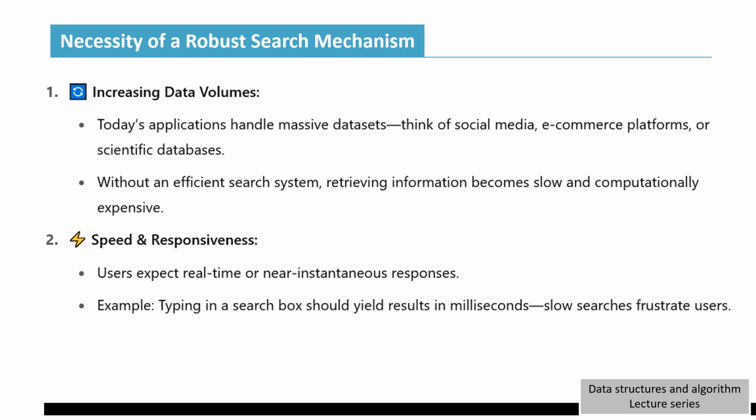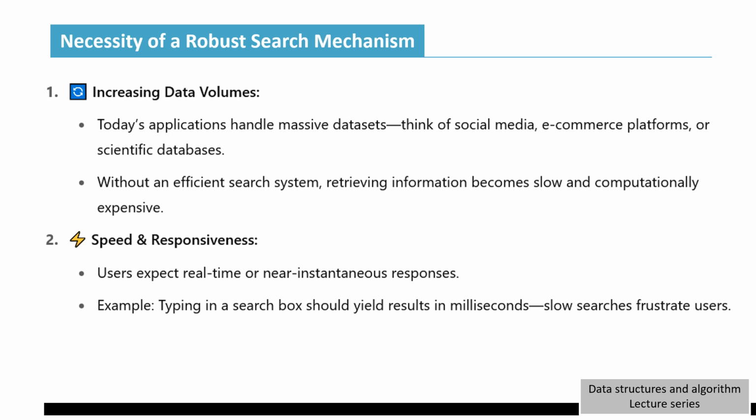In large scale systems like e-commerce or databases, searching efficiently can significantly reduce computational time, and it reduces the frustration level of the user. For example, if a computer system loads very slowly or searches very slowly, the user gets frustrated, right? So to avoid this situation, you need to have a robust search mechanism.